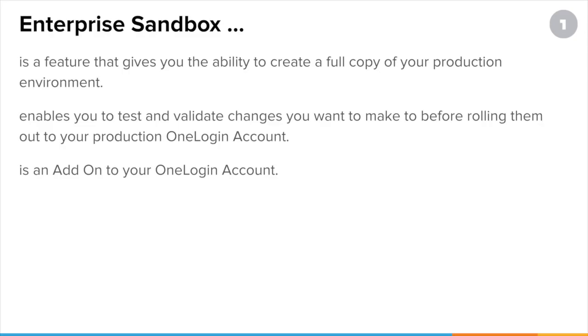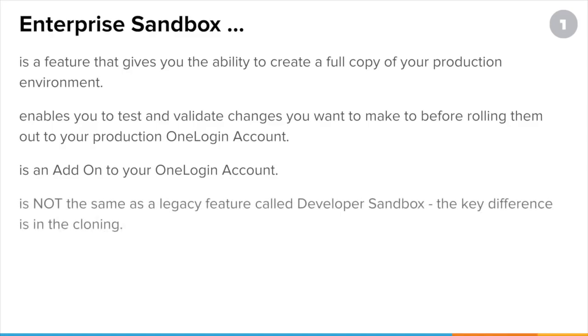What it is not is the same as a previous feature we called Developer Sandbox. The key difference is that a Developer Sandbox was simply a blank OneLogin account that had the same features enabled as your production account. It did not have a copy of the objects that you have in production.